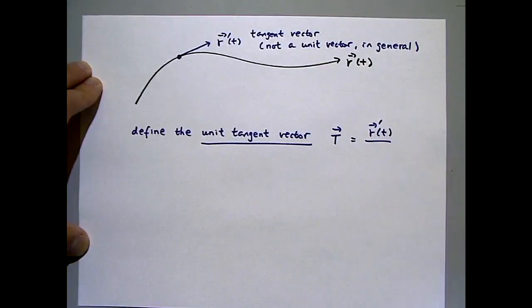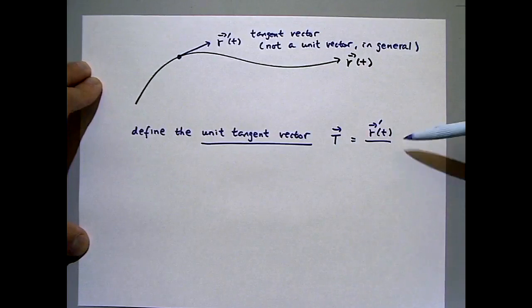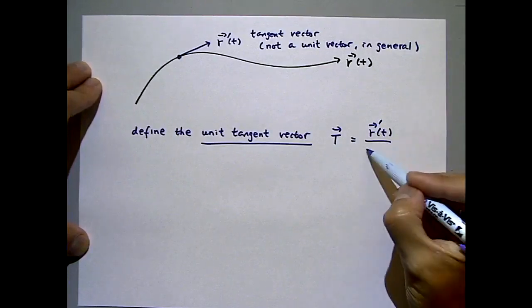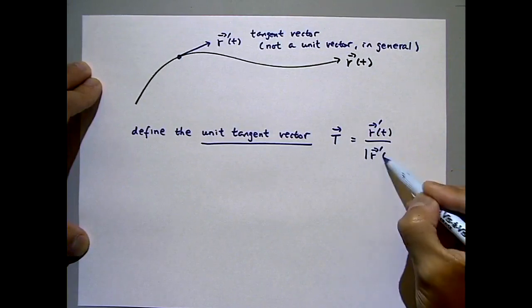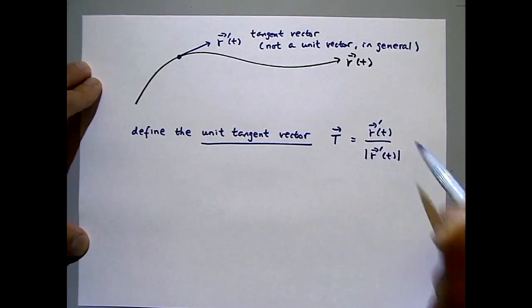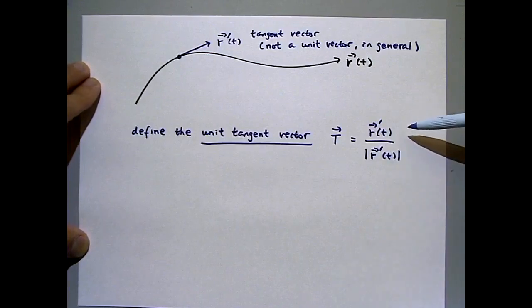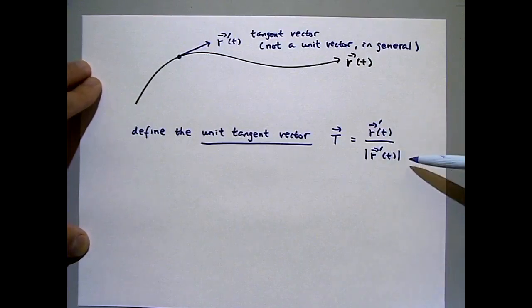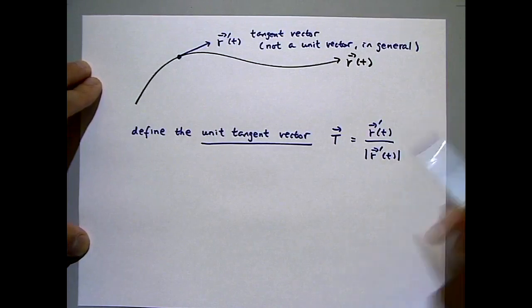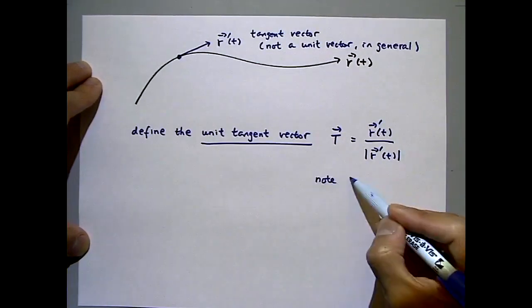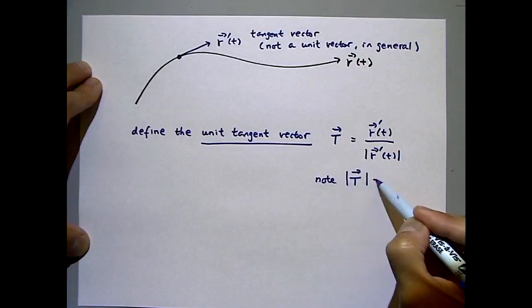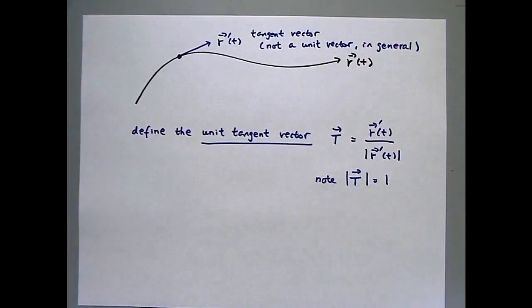And you remember, to make any vector a unit vector, you take the vector divided by its magnitude, right? So the tangent vector divided by the magnitude. And so therefore, because it's a unit vector, the magnitude of capital T, the unit tangent vector, is forever 1, always equal to 1.